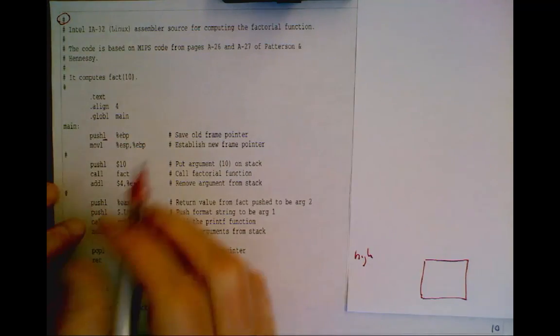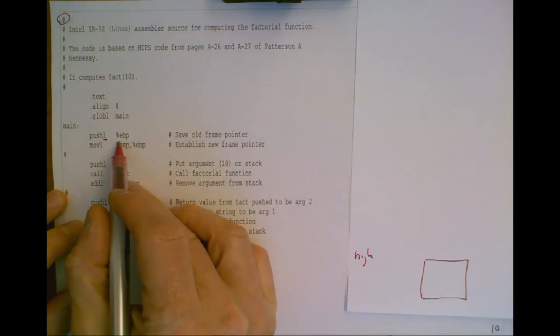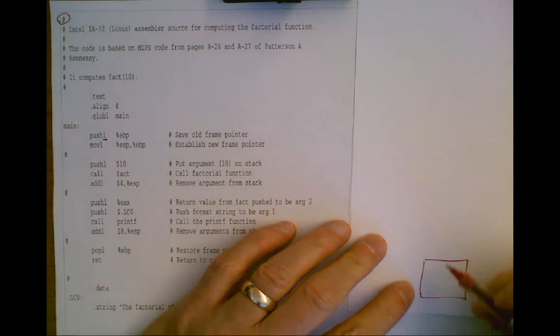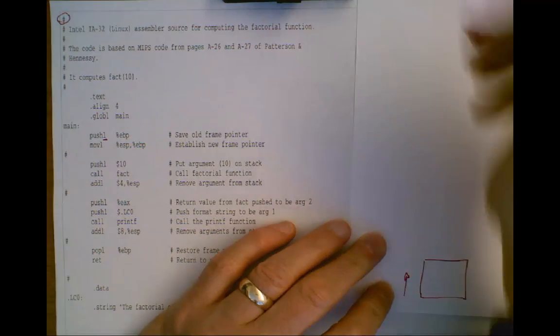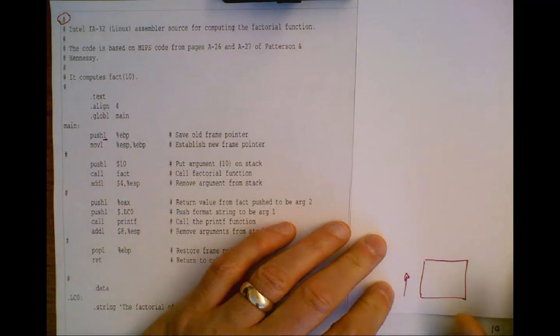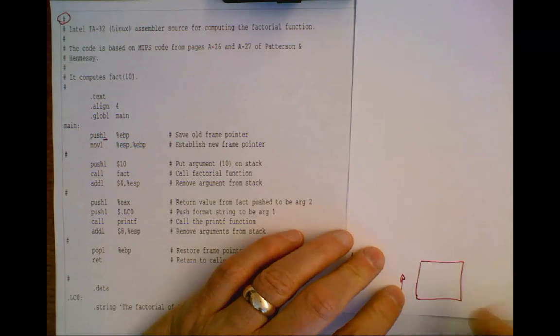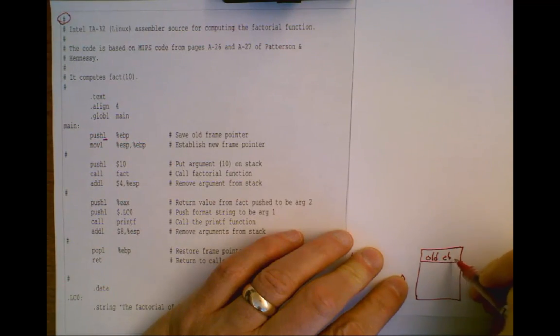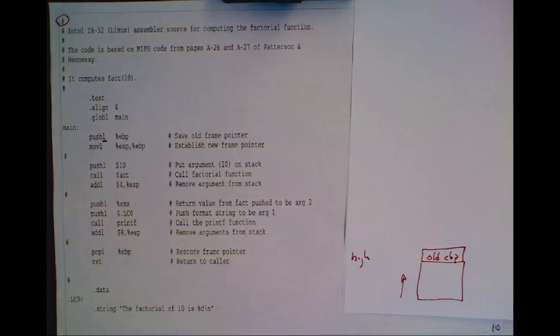So you'll see the register names preceded by a percent sign when you're using a Linux assembler. The stack is growing this way, and I'm going to try to keep track of what the stack does as the program executes. What you see here is you get the old EBP pushed onto the stack.